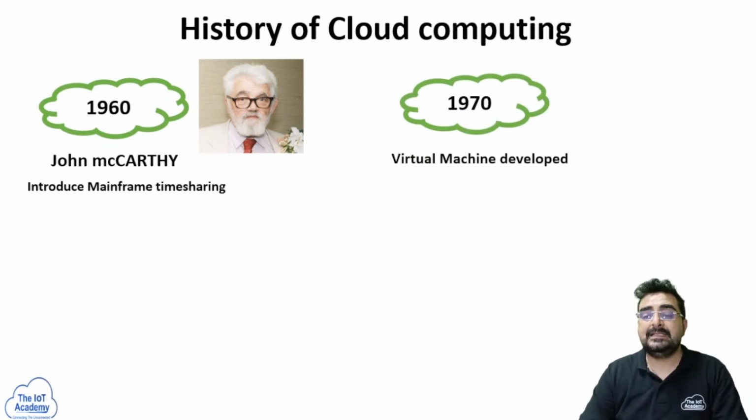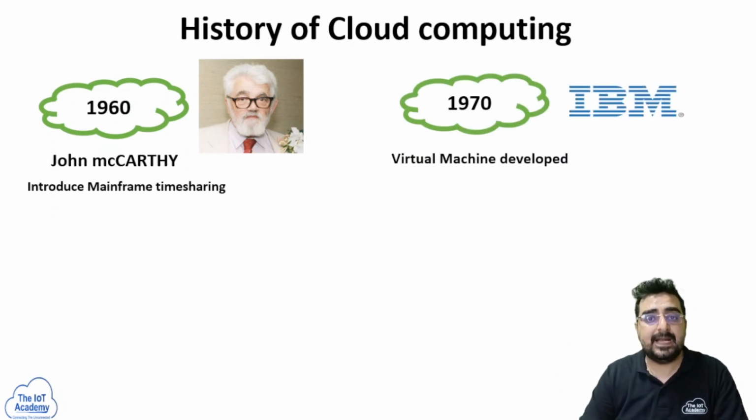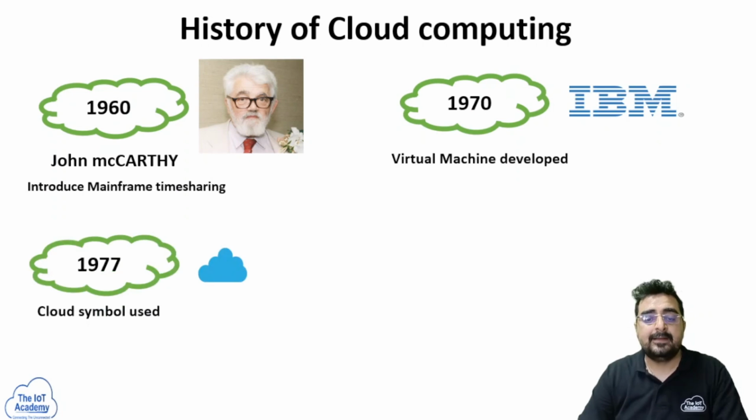Then in 1970, the virtual machine was developed by IBM. Like the virtual machine, I think you are using on your laptop when you are installing another operating system, Linux, onto Windows with the help of virtual machine software like VMware. Then in 1977, the cloud symbol was used.